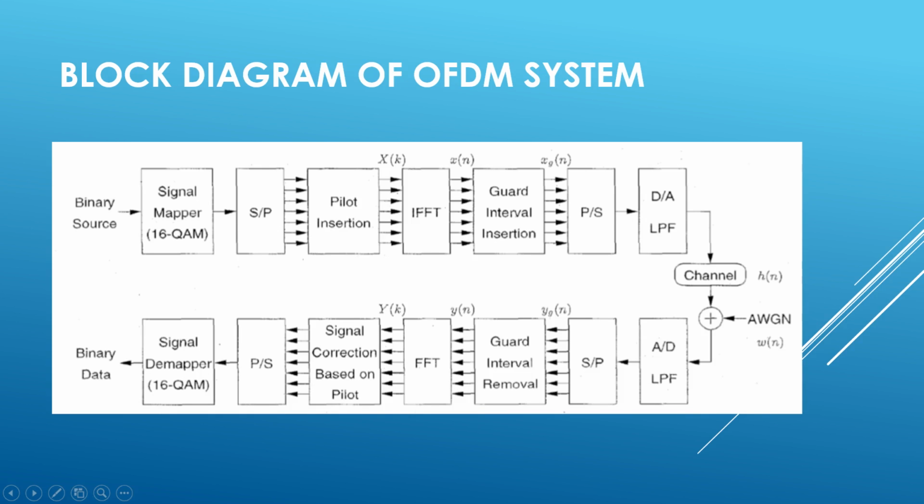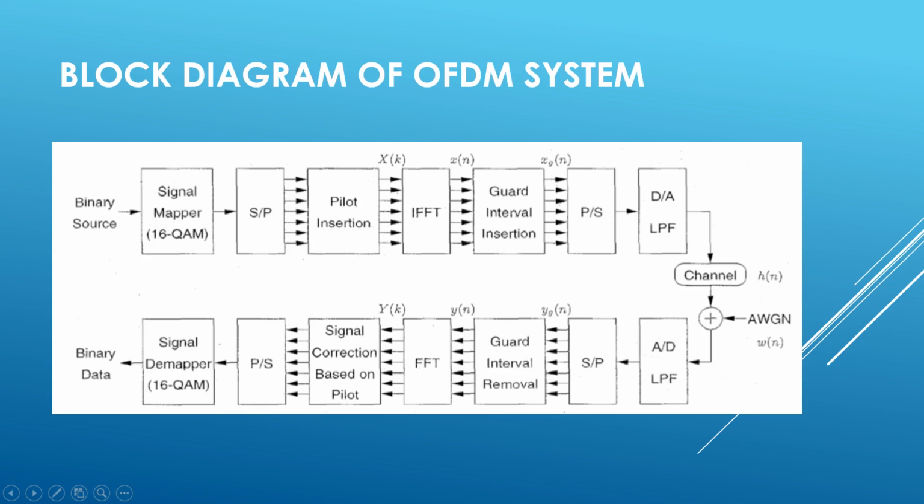And from this channel, at the receiver's end, we have an analog to digital converter which converts the signal, and it is sent to a serial to parallel converter. So this portion of the block diagram is called the OFDM demodulator. So basically we are removing the guard interval here, which we inserted in the modulation section, and then it is sent to a FFT.